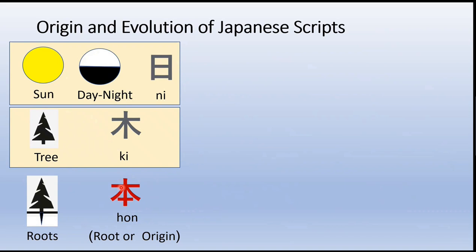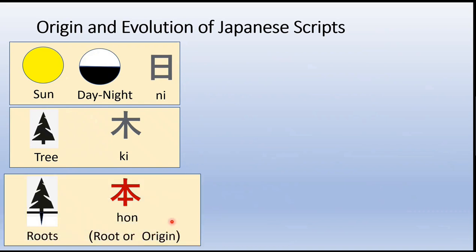As you can see, it's the same as the kanji of tree with an additional horizontal line here, and this denotes the root of the tree. So this is called hon, and although the literal meaning is roots of the tree, it is used to write the root or origin in general. So this means ni for sun, ki for tree, and hon for roots or origin.